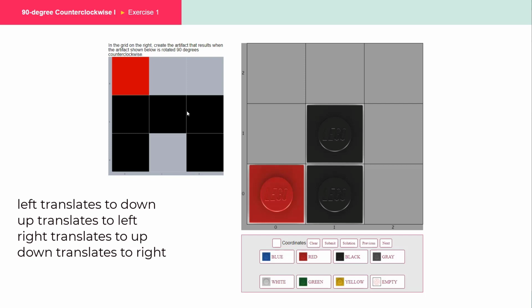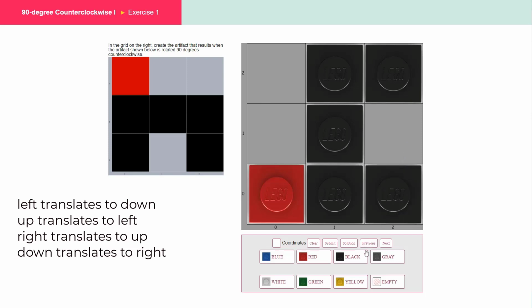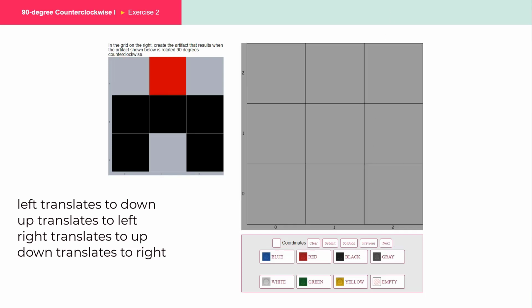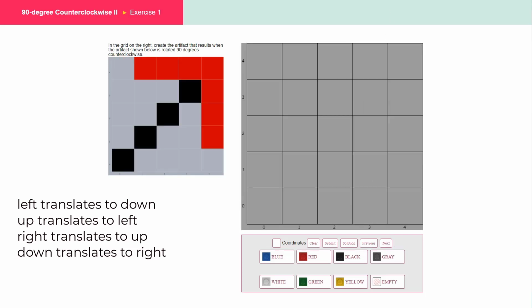This one would be going right, which if this is the ground would be going up. And then I think at this point I can fill in the rest of this, same as I've done before.